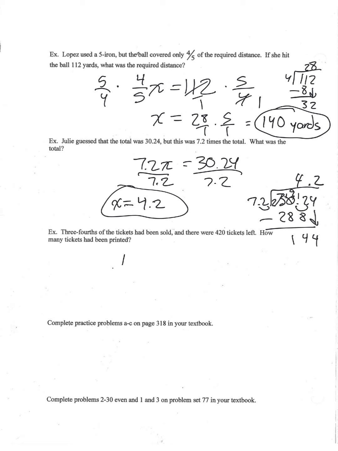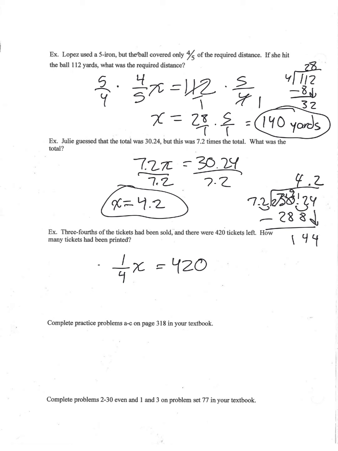So I might write this out as 1/4 times some value is equal to 420. Again, recognizing that 420 represents a quarter of the total number of tickets if 3/4 have been sold.